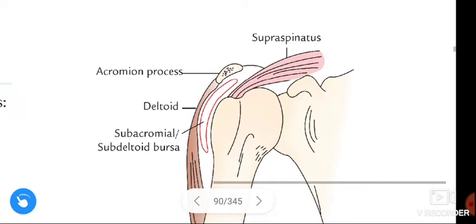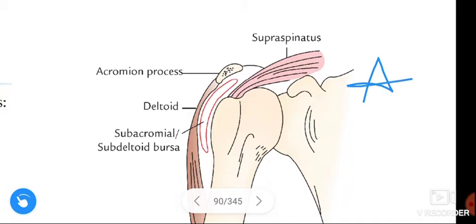This bursa lies between the coracoacromial ligament and acromion process present above. Remember it like this: above, the coracoacromial ligament and acromion process are present.